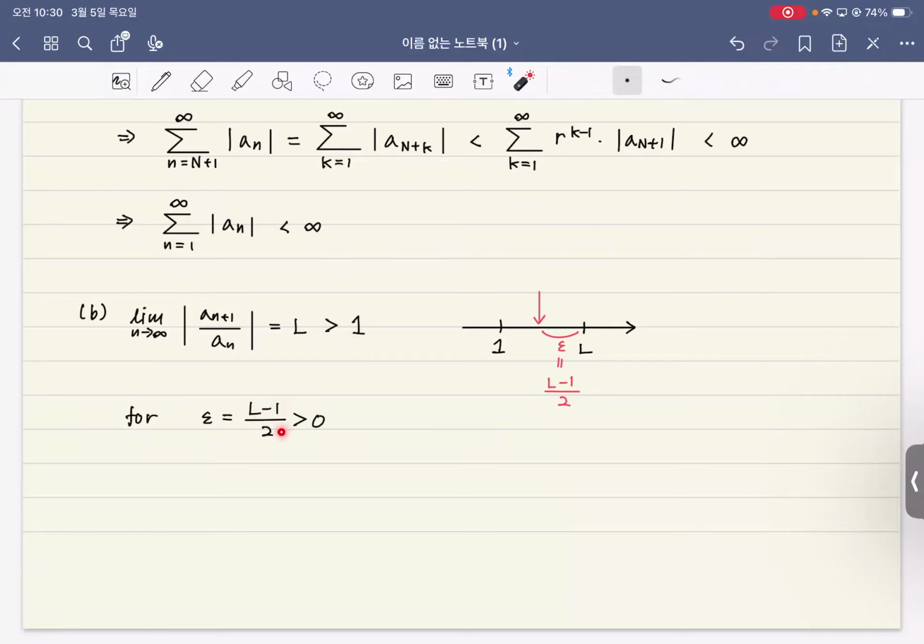Then there is another integer, which again I will call n, such that if the index is greater than this number, then the absolute value of a n plus 1 over a n minus L is less than epsilon, which is L minus 1 over 2.